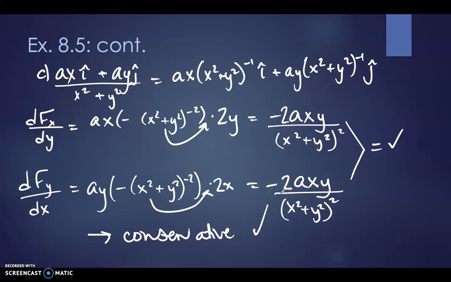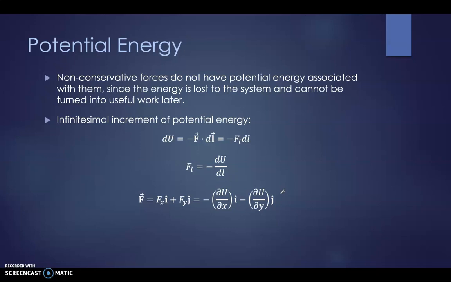All right, so let's go ahead and move on now. Talk more about potential energy. Non-conservative forces don't have potential energy associated with them, since their work is lost to the system and can't be returned, can't be turned into useful work later.